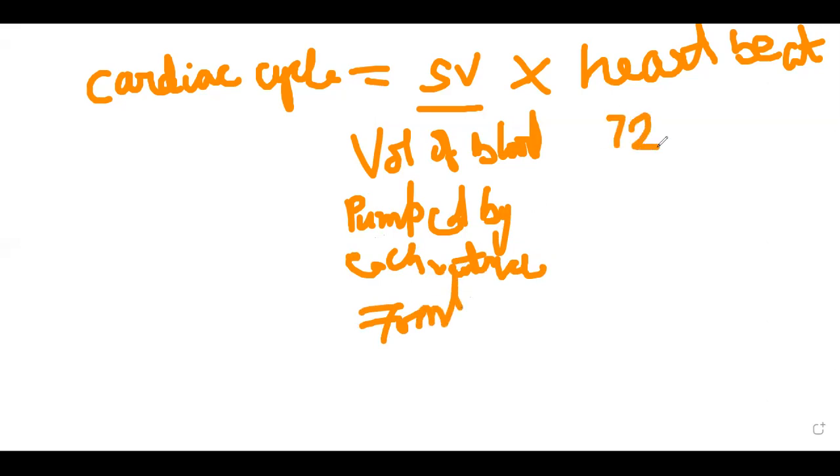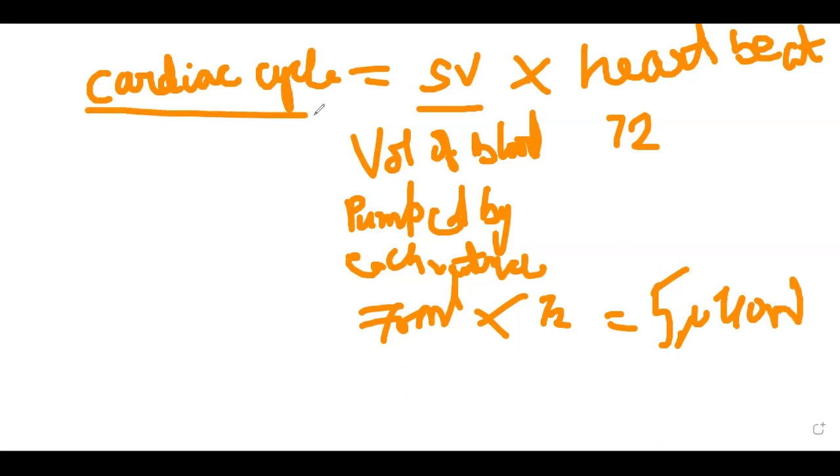The number of heartbeats is 72. 70 into 72, 5040 ml of blood is pumped. This is called the cardiac output.